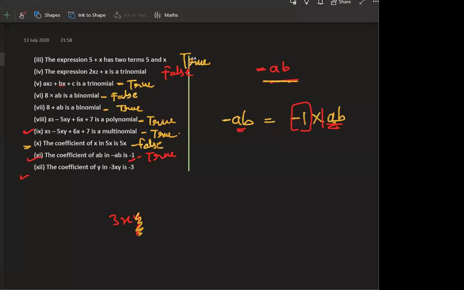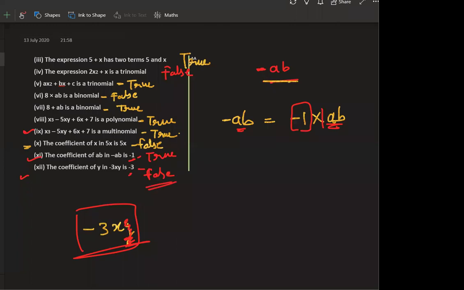If you do not understand, I will explain again. Look at this, -3xy. The question is, what is the coefficient of y? To find the coefficient of y, remove y. What are we left with? Minus 3x. So minus 3x is the coefficient. But the question is saying minus 3 is the coefficient, so this is false.